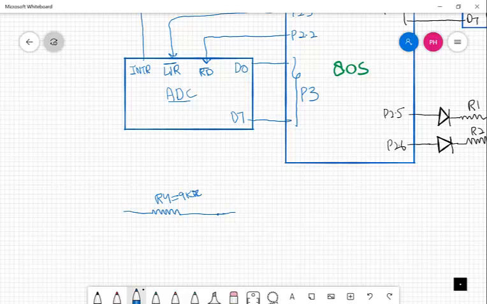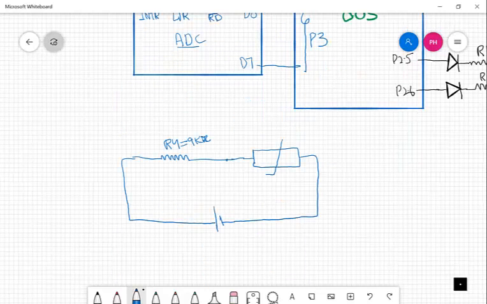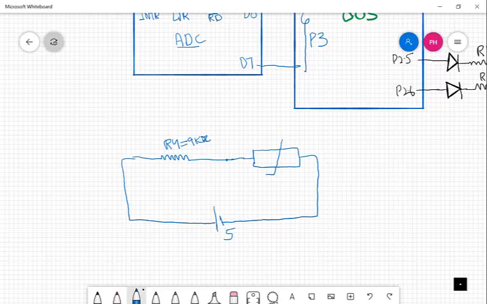And then we have another resistor, that's actually a thermistor. We have connected them in series and across a 5-volt power supply. And this point we have called VTH.